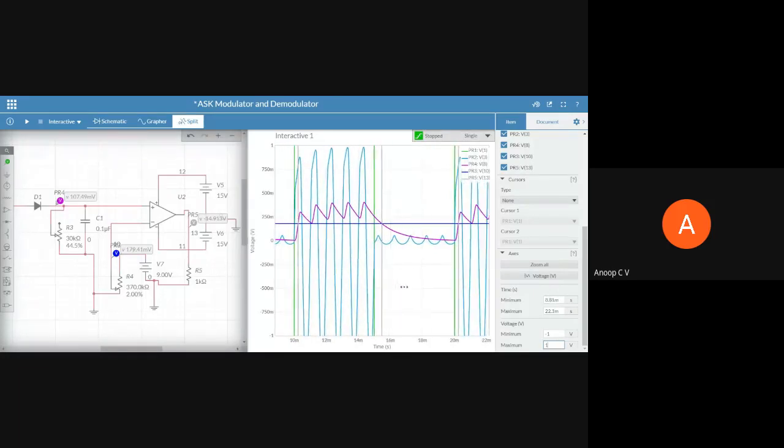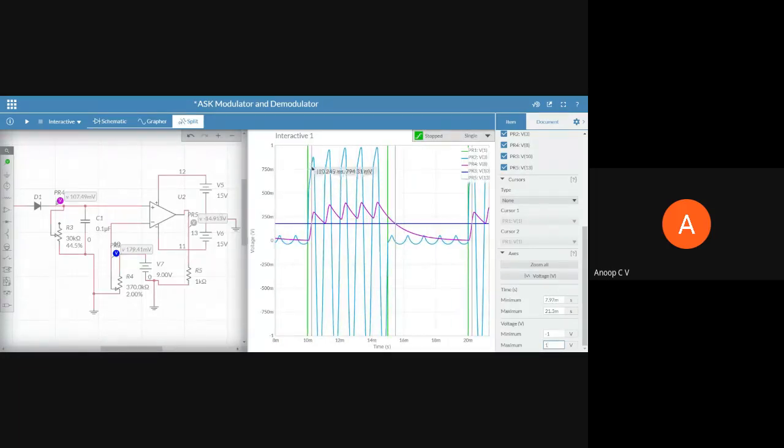This green one shows the edges of my message signal, and this ash color one, is it visible to everyone, is the demodulated output signal. Can you see when the transition is happening? We can see here one edge of the demodulated output is here.